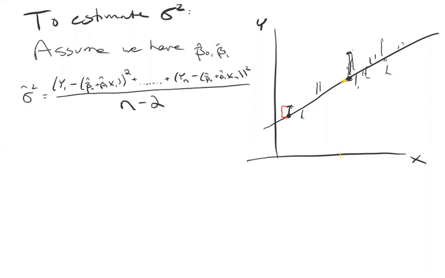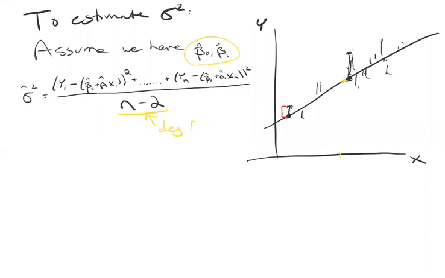Now, if you remember, when I was using S squared to estimate sigma squared in a simpler case, I had n minus 1. Now I have n minus 2. What's going on here? Well, notice that I've already estimated 2 things before I got to the point where I could estimate sigma squared. What are the 2 things? Intercept and slope. So I used up 2 pieces of information already. I have less information left here. So this is the degrees of freedom, right?